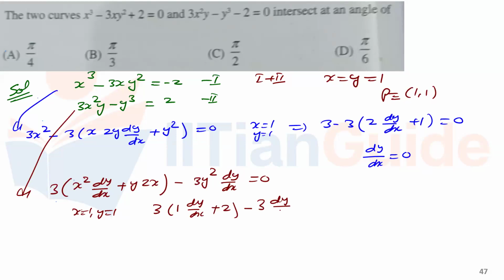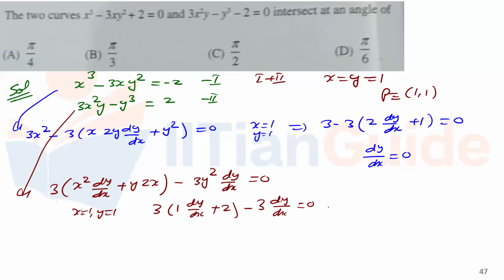Am I right? ठीक है ना? जल्दी बोलिए. कहीं गलत हो गया है? 3x square dy by dx plus y into 2x minus 3y square dy by dx to be 0. x और y 1 आ रहे हैं तो 3 dy by dx plus 2 minus 3y square dy by dx to be 0.